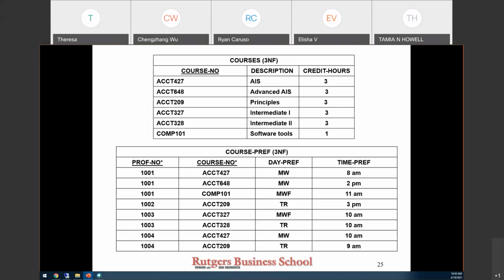The preference table has two non-key attributes, both of them dependent on the composite key, taken together, professor number and course number. So we can say that in this case, the courses table and preference table are in second normal form.